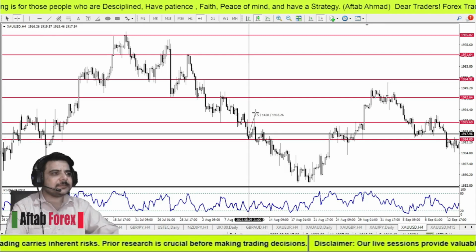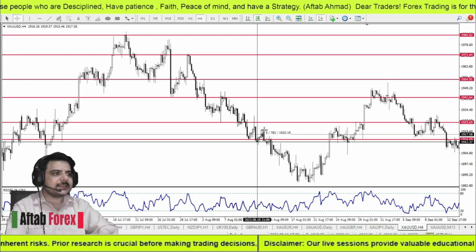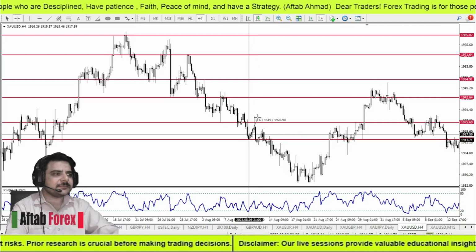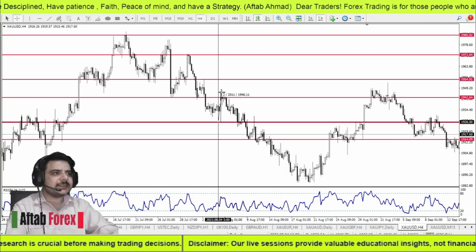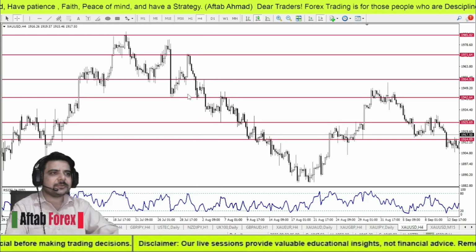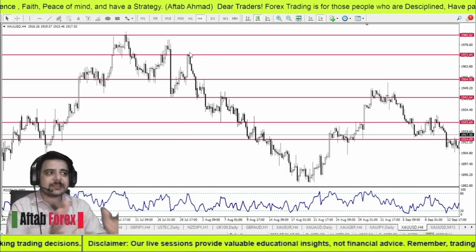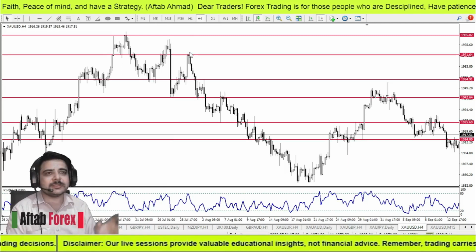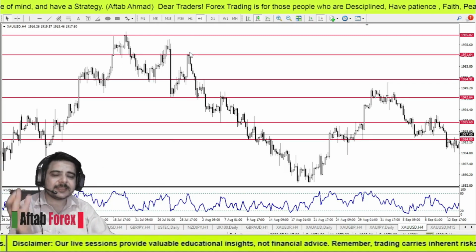The market went up, then down. Even the second time, 78 pips, 151 pips, 201 pips, 129 pips, 303 pips. I'm explaining this because I want you to understand how important these levels are.